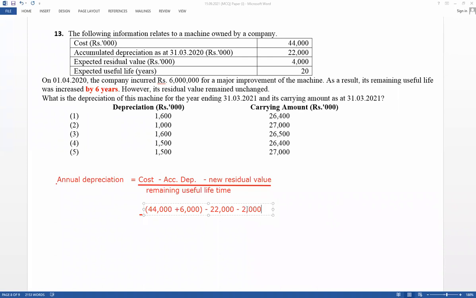Residual value remains unchanged, but it has not given the remaining useful lifetime. You have to find out how to find the remaining useful lifetime. Think, accumulated depreciation is given 22,000. What is the meaning? That is the total depreciation. First, try to calculate annual depreciation before changes in accounting estimates. Accumulated depreciation is the depreciation total. By using that information, it can be recognized how many years were used.